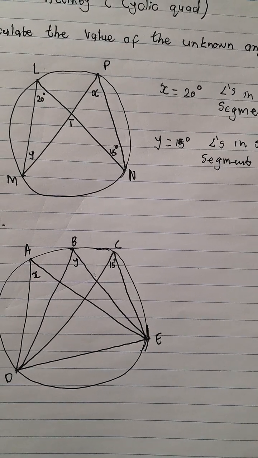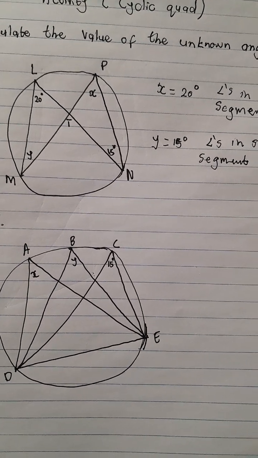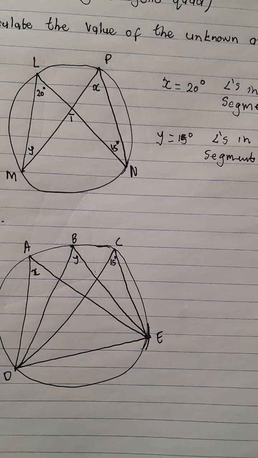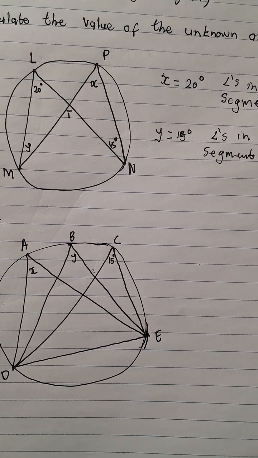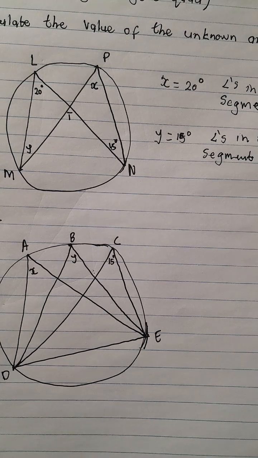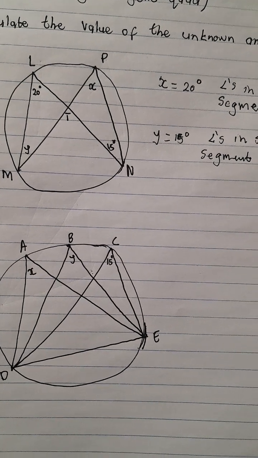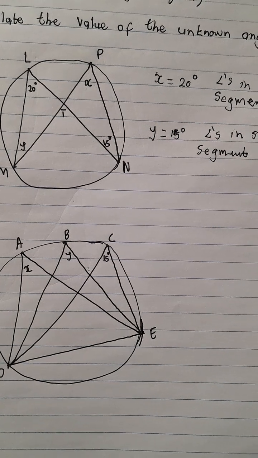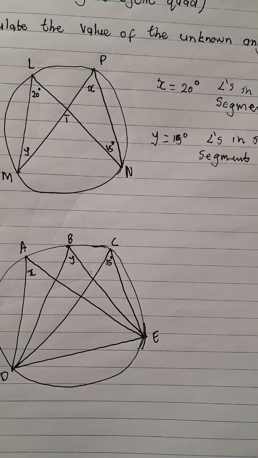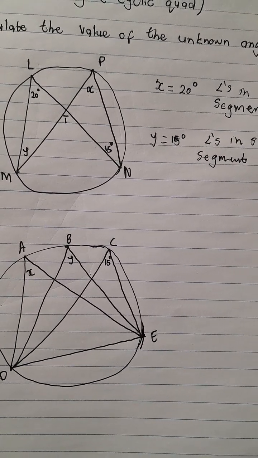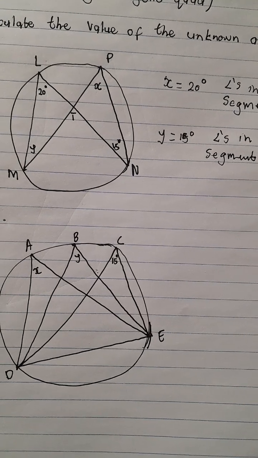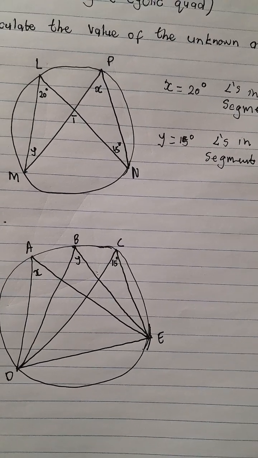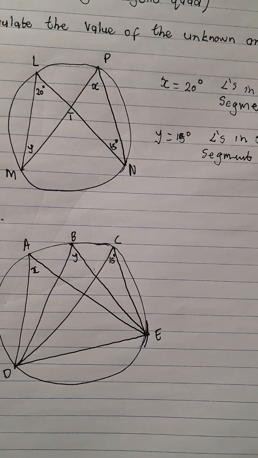So we can see that angle A is equal to angle B, and angle B is equal to angle C. In other words, that makes Y 15 degrees, as well as X, because these are angles on the same segment, right?